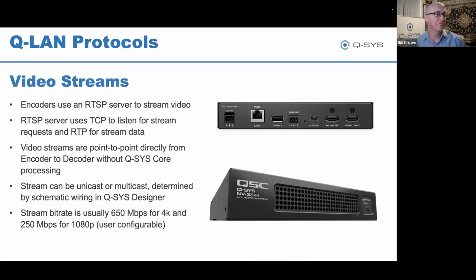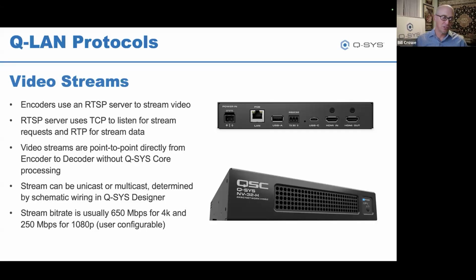As far as QLAN video streams, each one of our video endpoints that's functioning as an encoder is functioning as an RTSP server to stream out that video. We use RTSP server with TCP to listen for stream requests, and then the actual stream is in a format called RTP. Those video streams are point-to-point from encoder to decoder, and they do not pass through the core processor.